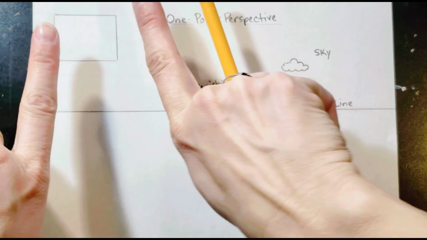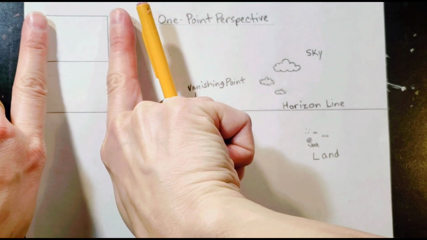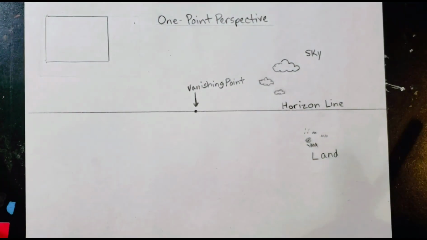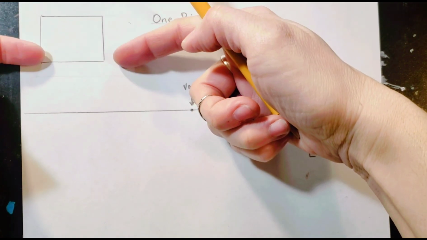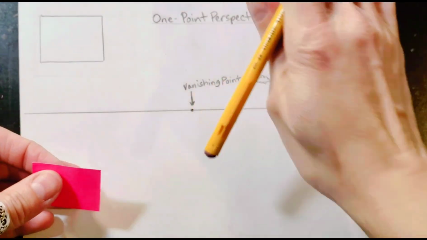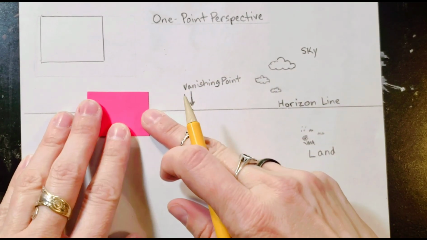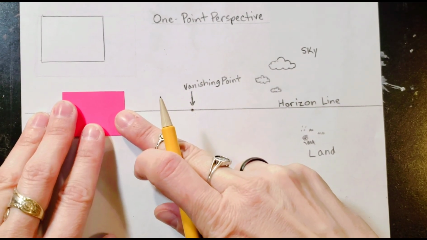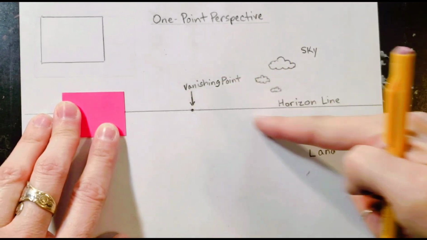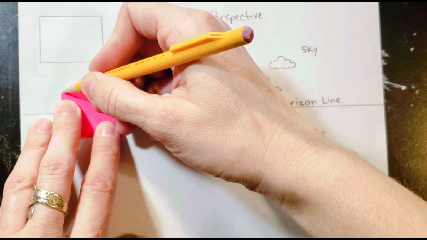Now for this particular example, I'm just tracing a little rectangle that I cut out so that it's a little bit faster. So there's one that is above the horizon line. Here's another rectangle that is on the horizon line.